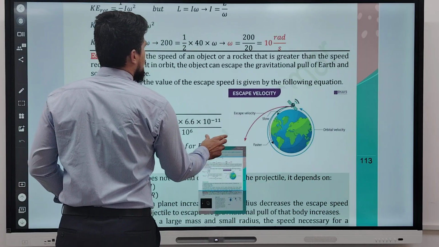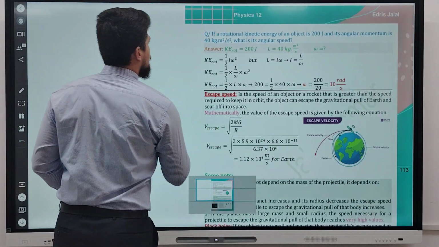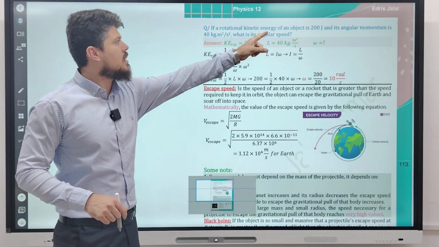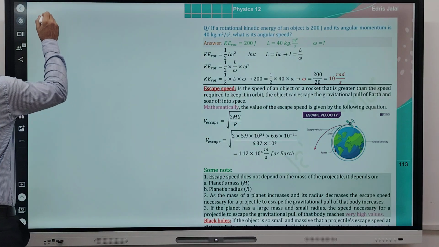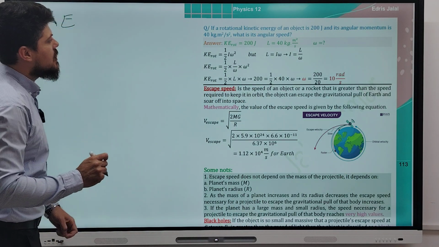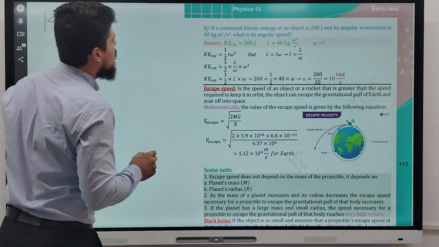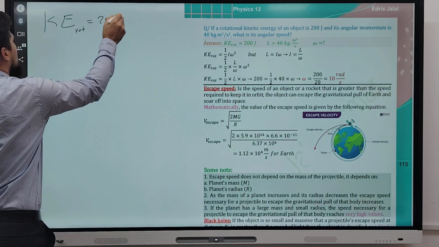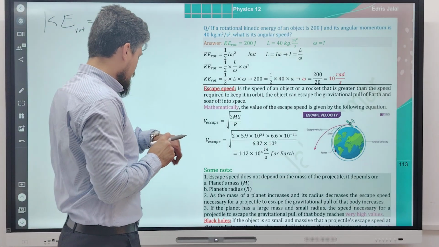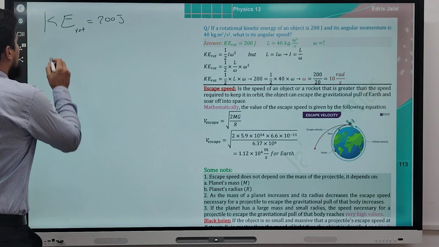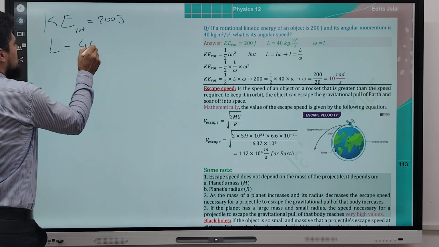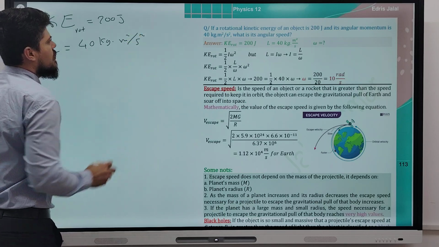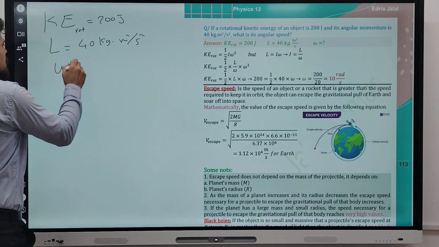Another question. Actually, I added this question. This is not in the section review, but it is a very good question, so that is why I wrote it here. If the rotational kinetic energy of an object is 200 joule, and its angular momentum L is equal to 40 kilogram meter square per second, what is the angular speed?